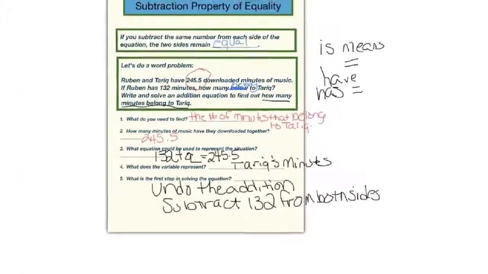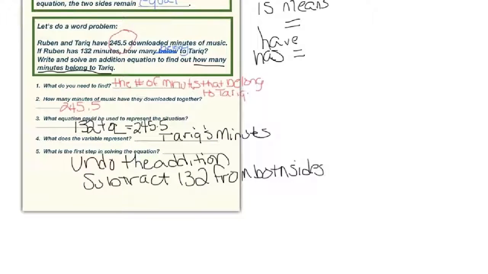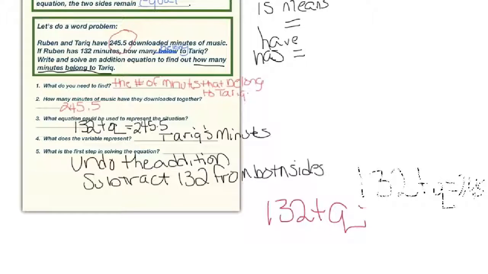I'm going to make a little bit more room here so that I can show that for you. So let's show the equation. You can maybe add another page to write this. 132 plus Q equals 245.5. So let's subtract 132 from both sides.